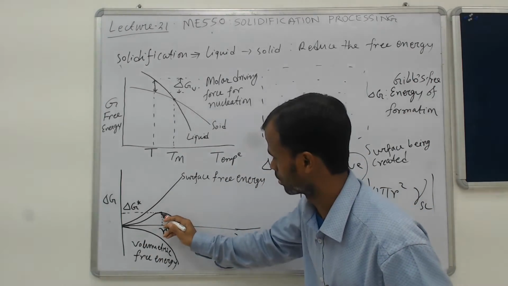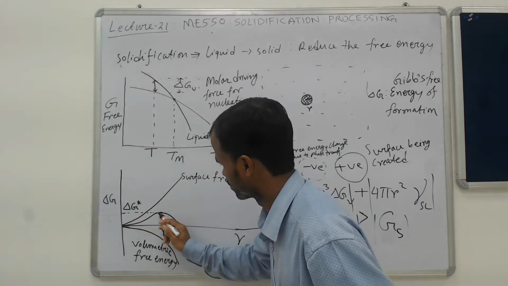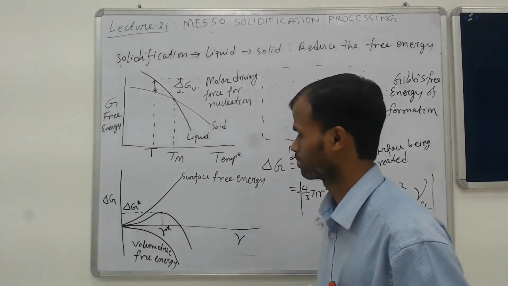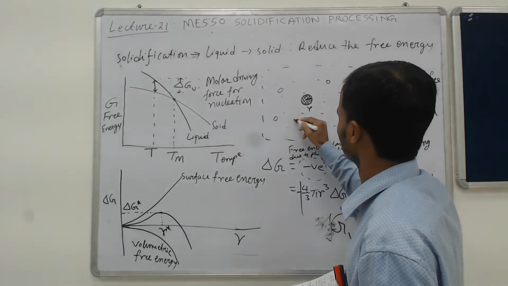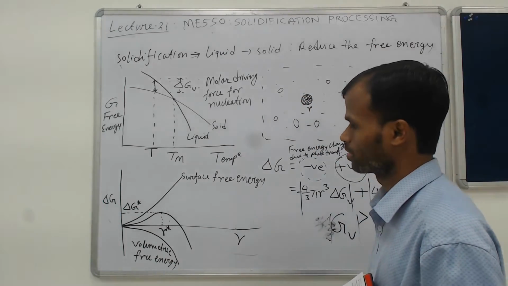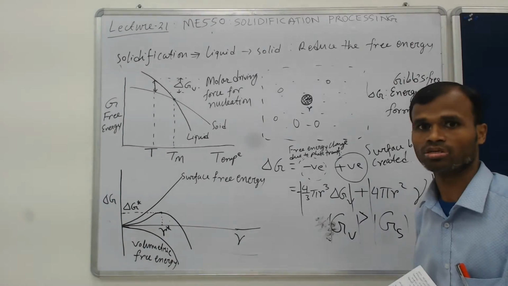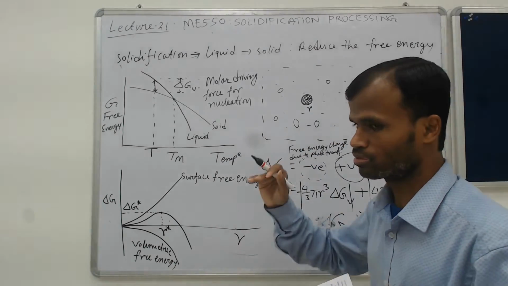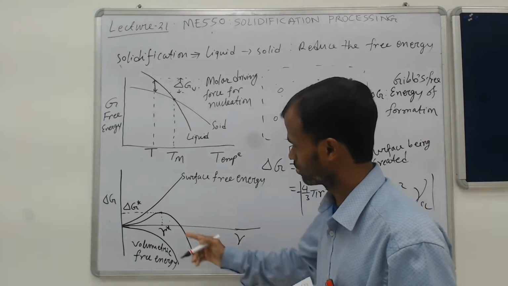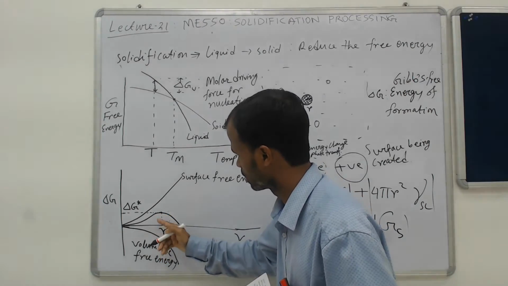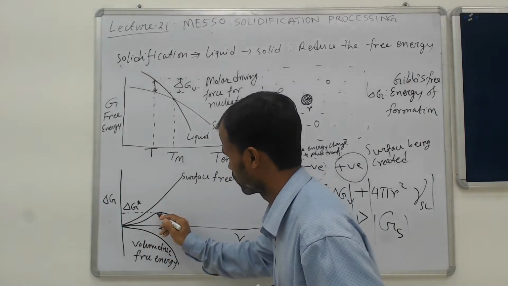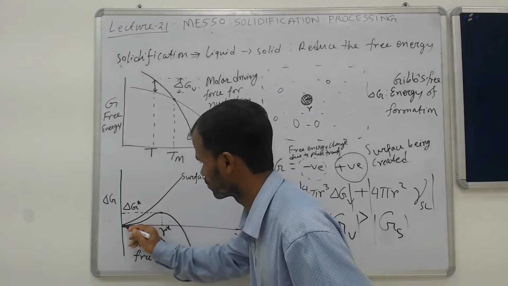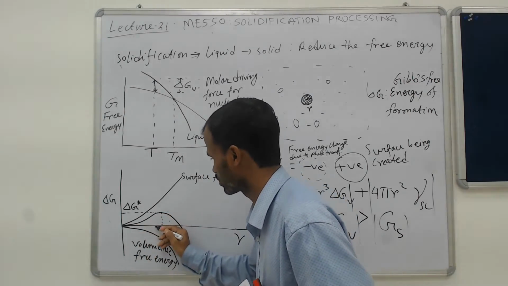But if your cluster size is smaller than R star, there can be any number of clusters of different sizes because of thermal agitations in the liquid when you drop the temperature. Now, for any size smaller than the critical size R star, in order to reduce the free energy the cluster has to reduce its size.